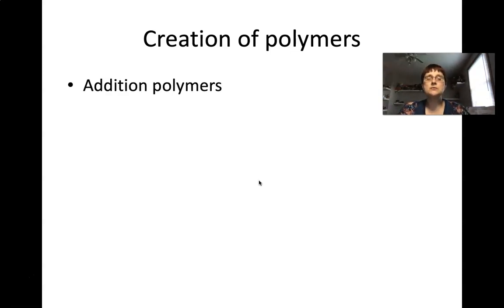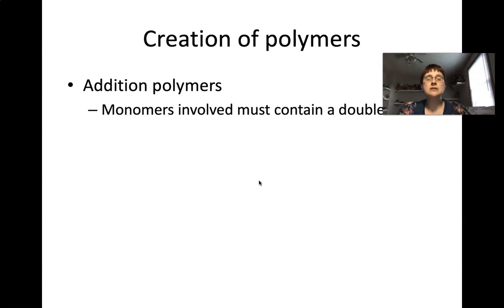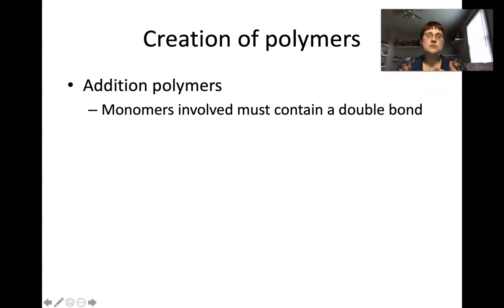So the first one is what we call addition polymers. So addition polymers, these guys are where we have the monomers put together because the monomers have a double bond in them. So there's a double bond somewhere in that monomer, right?